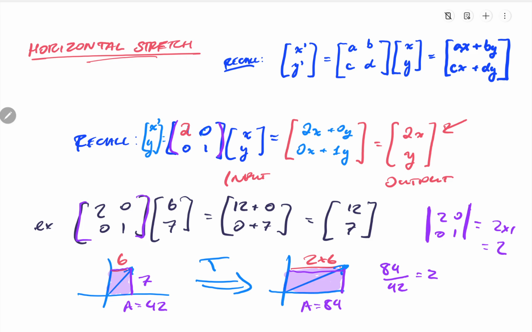Now, I notice that the determinant of my transformation matrix is the same as the multiplication factor of the area of that rectangle created.